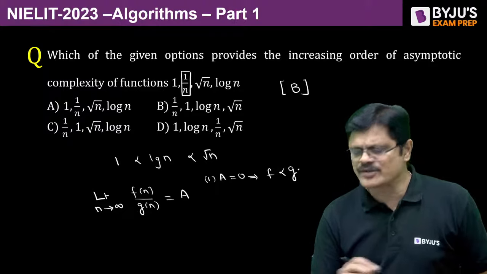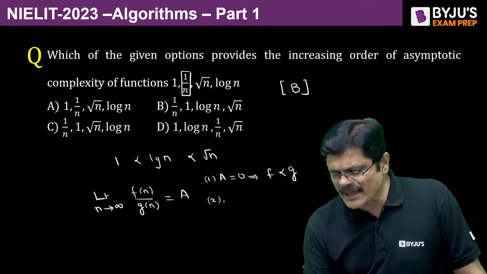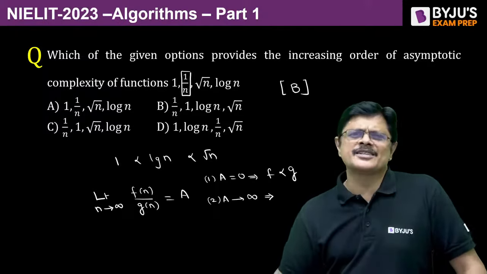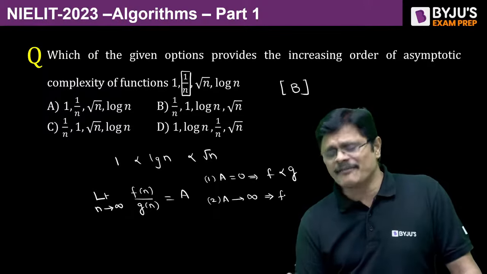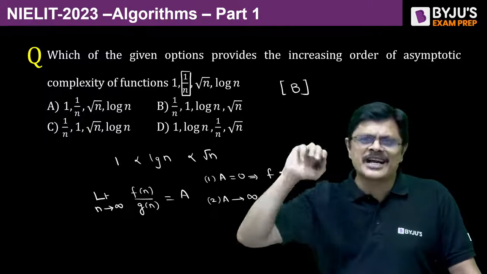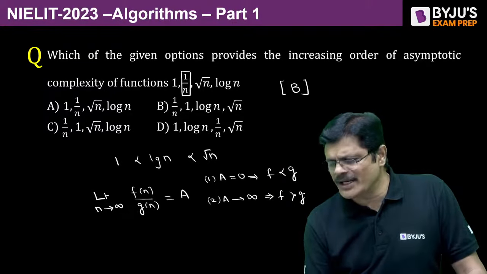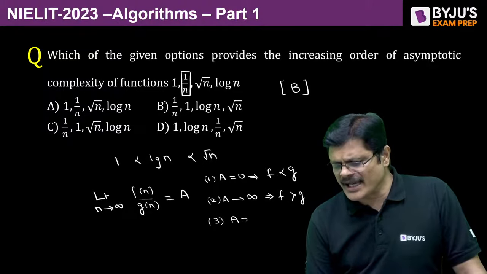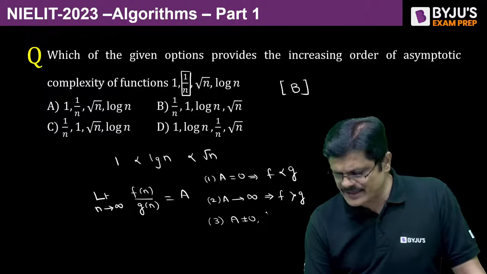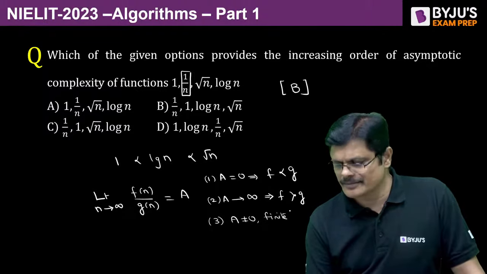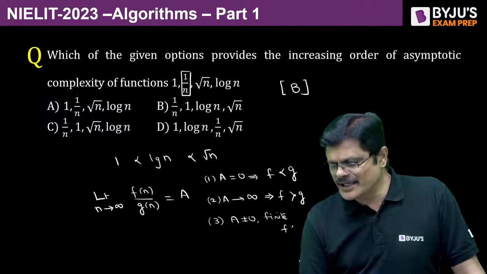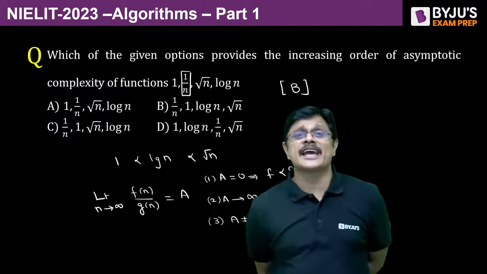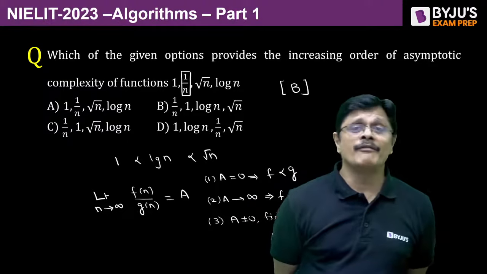You can directly announce this. Sometimes this a may tend to infinity. In this situation, numerator function is larger, so f is asymptotically larger than g. And the third situation, a is not equal to 0 but finite. In this case, these two functions have the same order of growth.